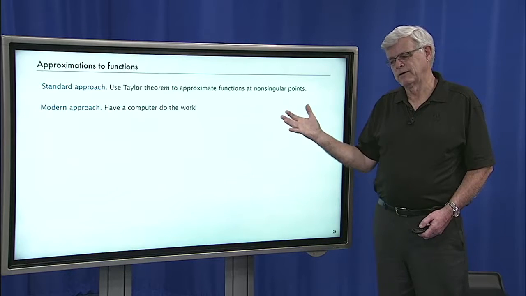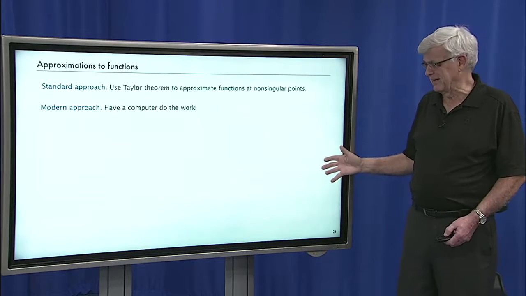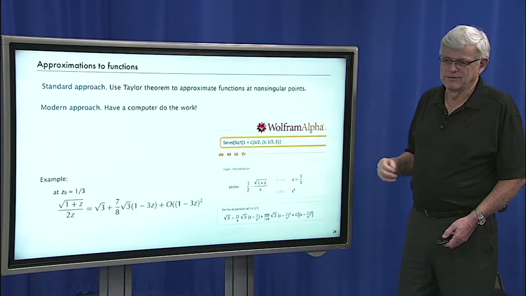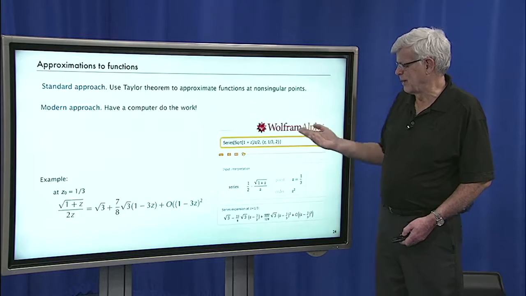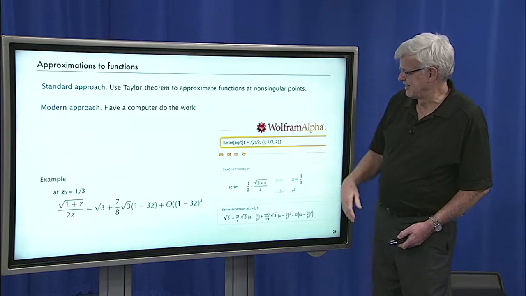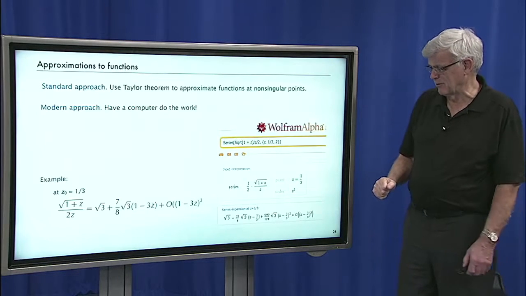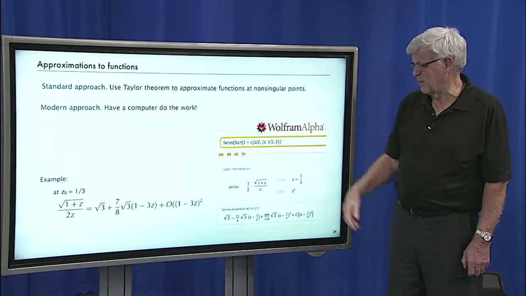Nowadays, people don't compute derivatives so much by hand anymore. You can just use a computer with a symbolic package. So this is Wolfram Alpha. Say I want to know the series representation of the square root of 1 minus (1 plus z over 2z) at z = 1/3.